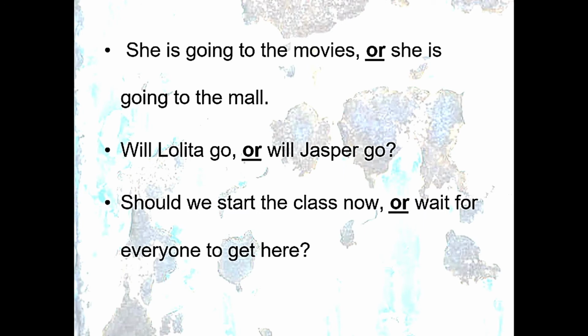Our second and third examples are in question form. Now let me read our second example. Will Lolita go or will Jasper go? Last example. Should we start the class now, or wait for everyone to get here? Is everything clear now how to use and, but, and or in a sentence?